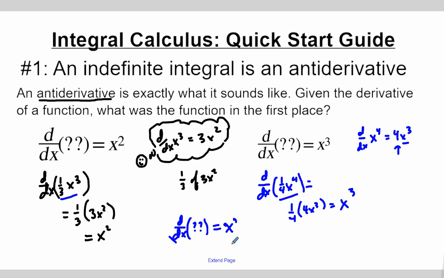Well, it looks like the antiderivative has to be 1 over n plus 1 times x to the n plus 1, which certainly fits the pattern right here.